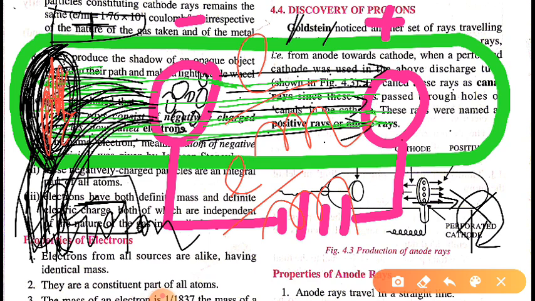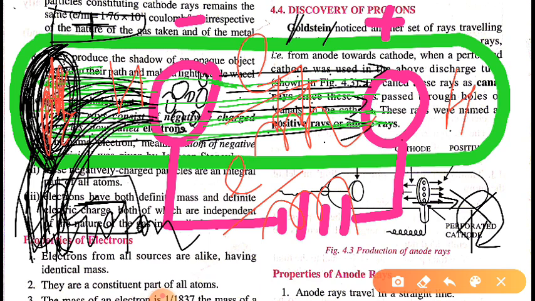If we are using neon, argon, or any other gas, the charge by mass ratio will differ from gas to gas. And it will be maximum when we use hydrogen gas in a discharge tube.